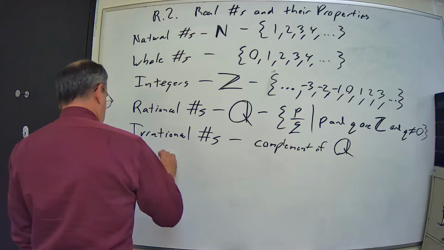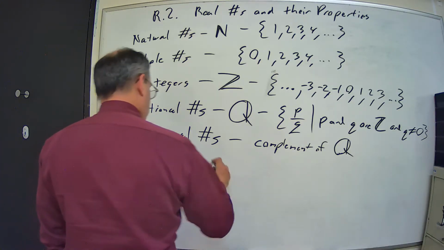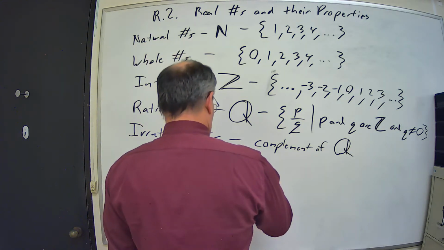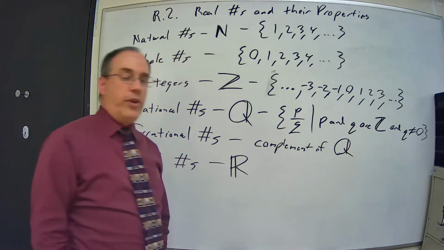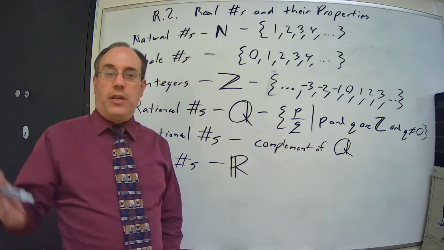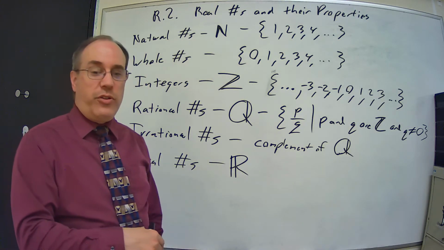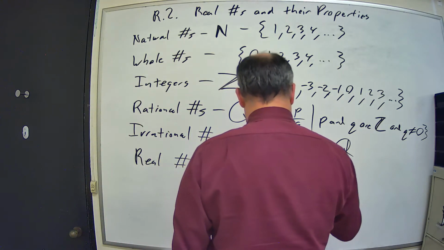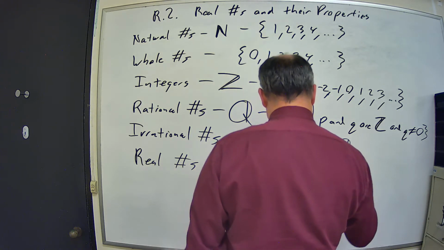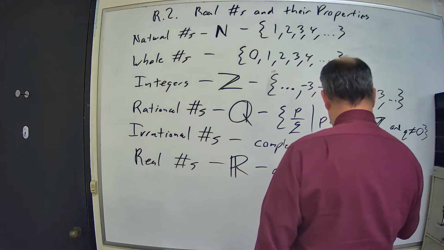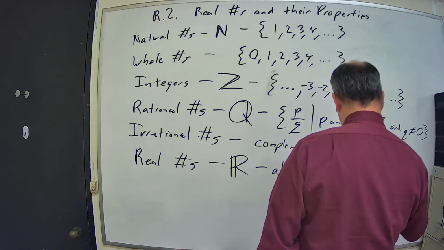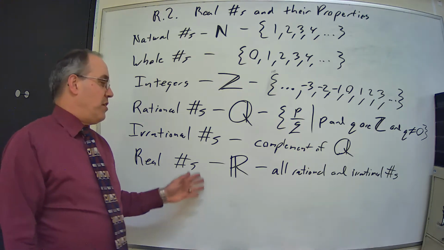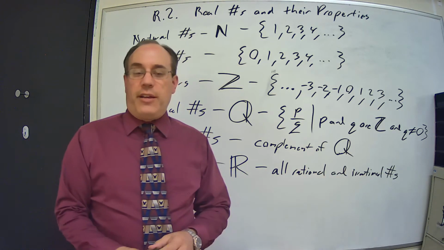So, real numbers, and we use a bolded capital R for real numbers. Real numbers include all rational and irrational numbers. So real numbers are all rational and irrational numbers.